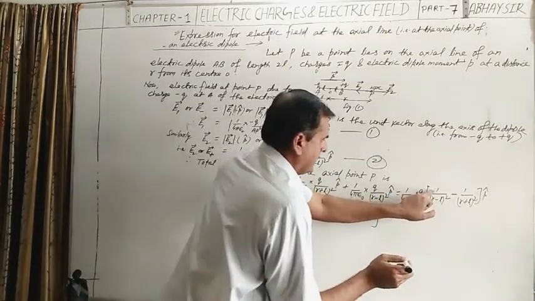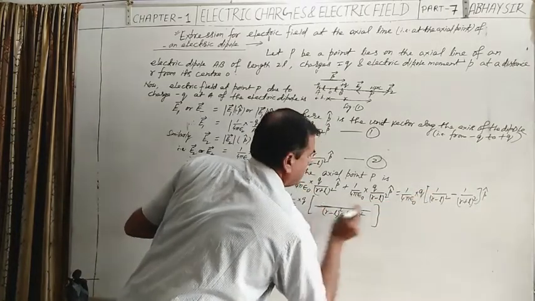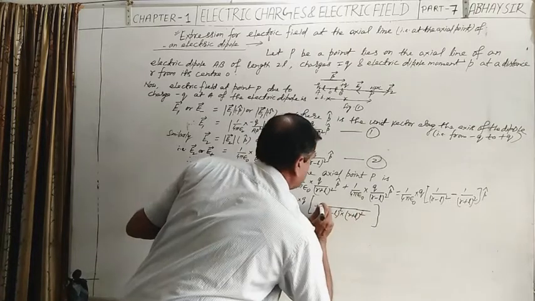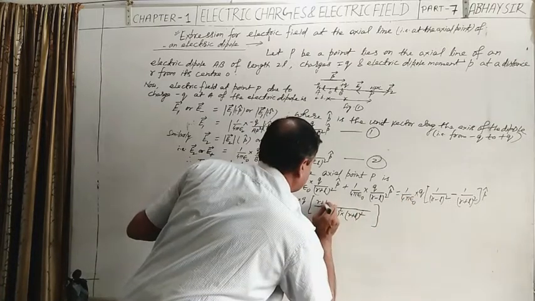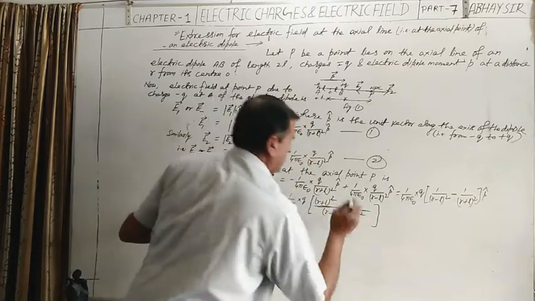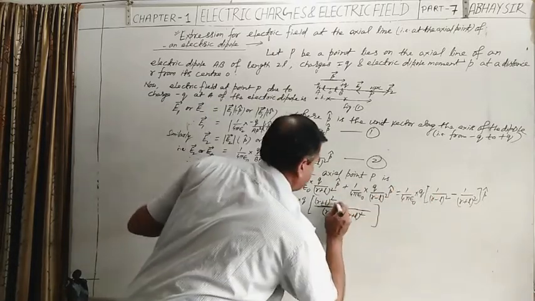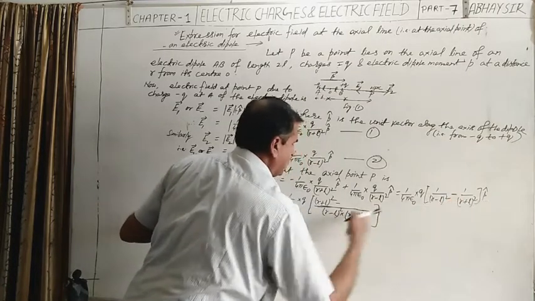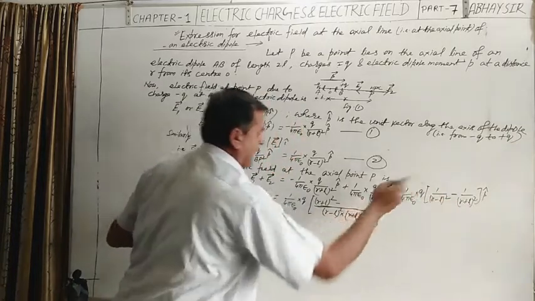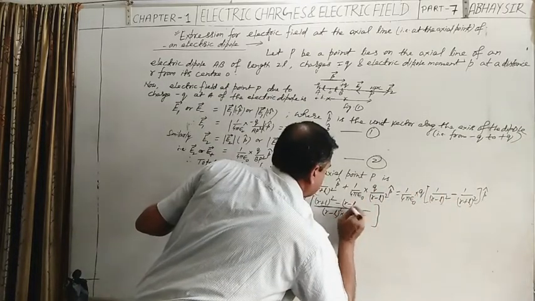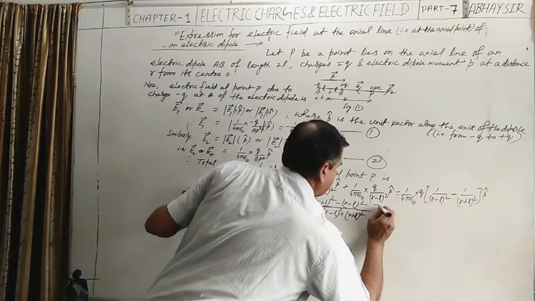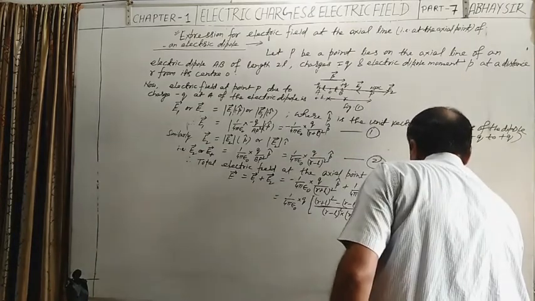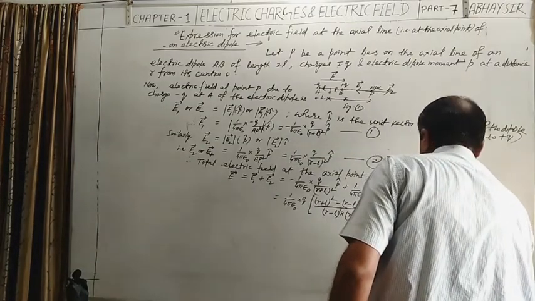Now it becomes R minus L square multiplied by 1, plus R plus L square multiplied by 1, that is R plus L square in the first term of the numerator. The R plus L square cancels out after dividing, then R minus L square multiplied by 1, that is R minus L square P cap. And this equals 1 by 4 pi epsilon 0 q.